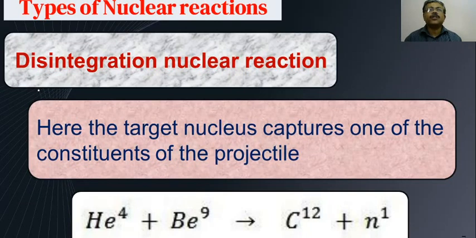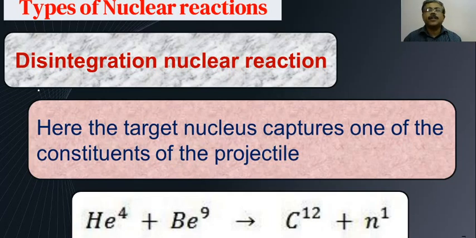Now we can also think of another example of a nuclear reaction, that is the disintegration nuclear reaction. Here the target nucleus captures one of the constituents of the projectile. In the earlier case, we saw the entire absorption of the projectile. But here a small portion, a part of the projectile, is absorbed by the target nucleus, forming the residual one, and the remnant will be ejected in the form of an ejectile.